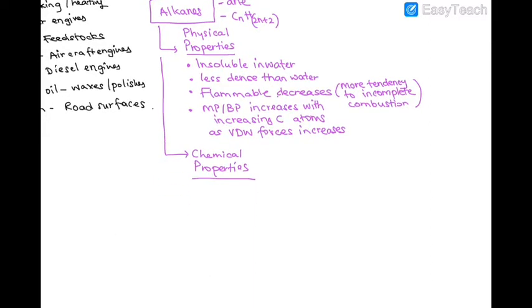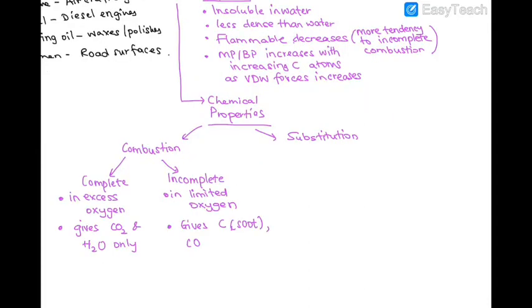Chemical properties will include reactions that are undergone by alkanes, and alkanes have two kinds of reactions: combustion and substitution. You can have complete combustion or incomplete combustion.